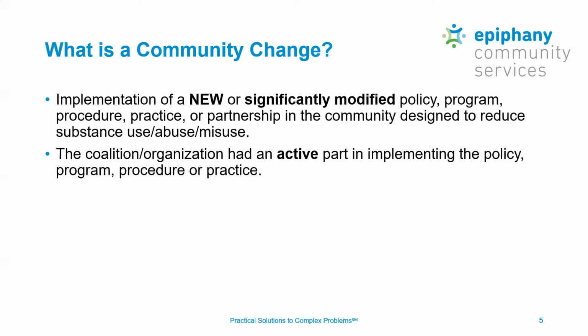They just got to sit back and watch it happen, which is great. It's something they probably wanted to see. But if you didn't have an active part of at least getting in there, having the conversations, giving the information, advocating, so to speak, the coalition can't quite say, hey, this was our new policy we helped make happen, or, hey, we helped implement this new procedure. So just keep that in mind as well, knowing that line of, did the coalition help implement this policy, program, procedure, practice type thing.